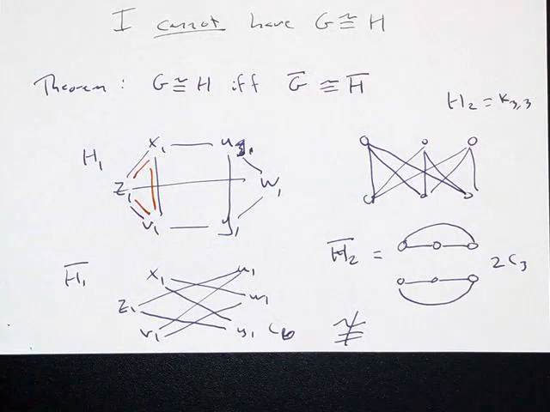Later we'll get to drawing a graph without crossing any edges. The edge from Z to W could just as easily have been drawn outside and thus not cross anything. The other can never be drawn without crossing, ever.